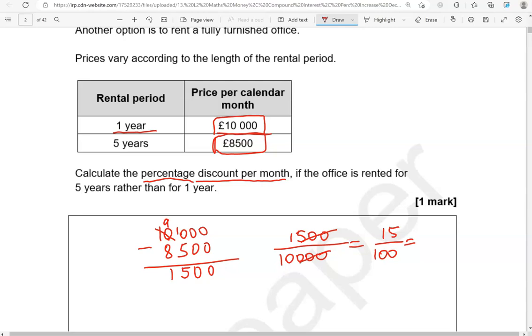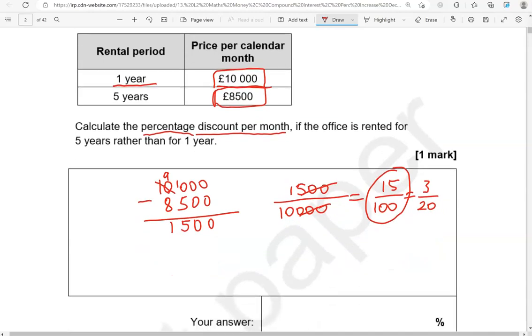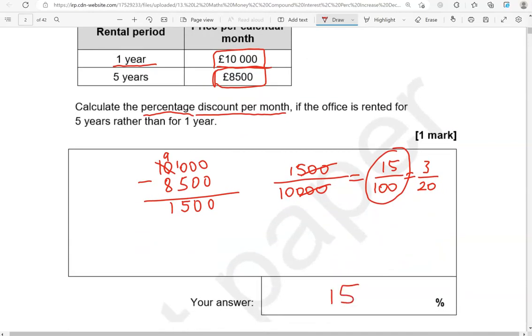So 15 divided by 5 gives us 3. 100 divided by 5 gives us 20. Now I simplified this and got the simplest form. However, to work it out as percentage, all I need is this. 15 out of 100, which is 15%. So rather than going and dividing 3 by 20 to get it as a decimal and then convert it into a percentage, I can just stay here with 15%. 15 out of 100 means 15%.